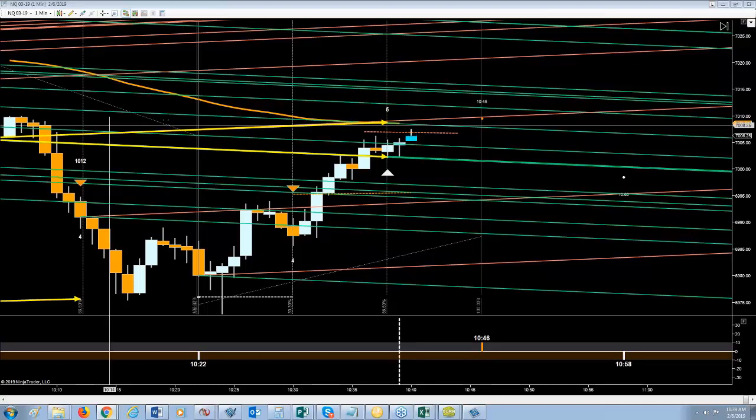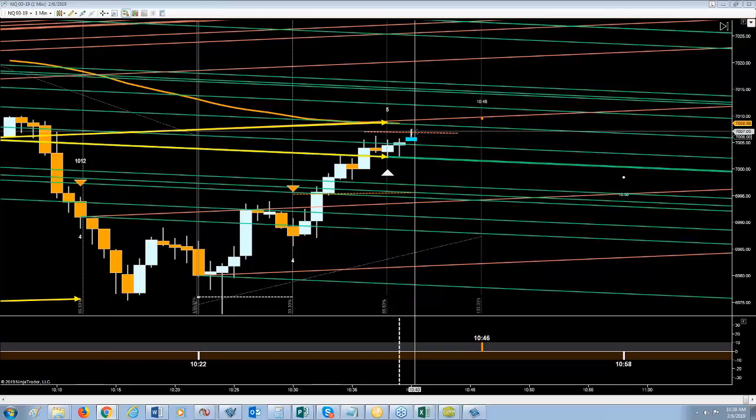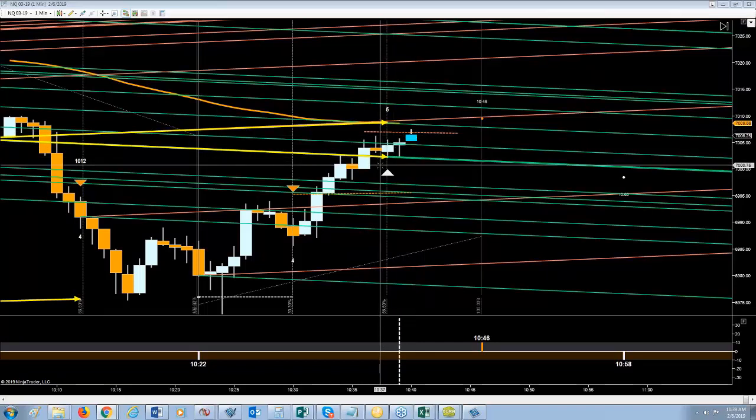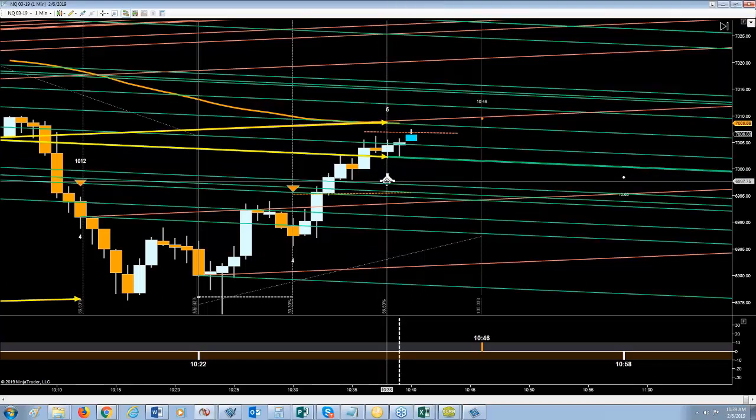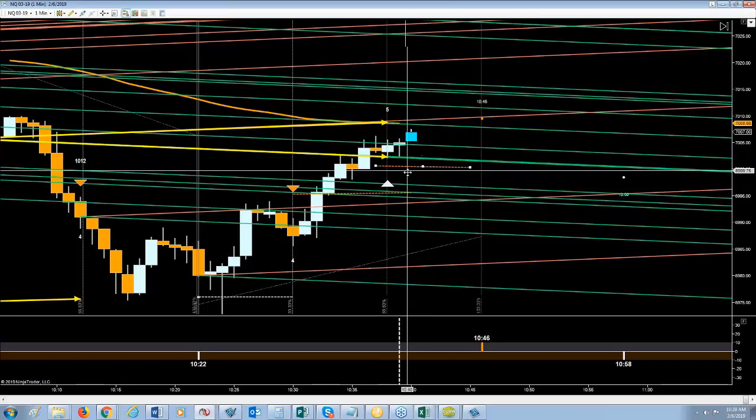Okay, now you're long mode on the NQ. It did violate that high. So you can put your stop below the candle right here. And let's see how she does.